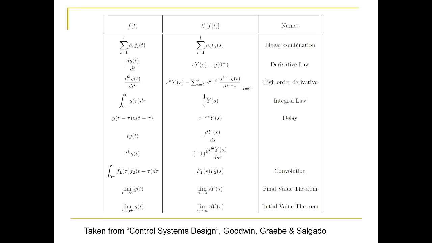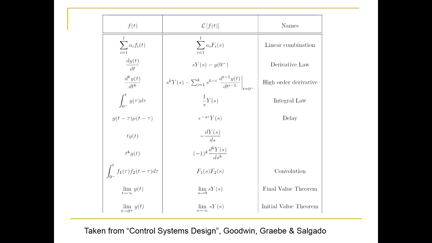The Laplace transform of the convolution is the product of the Laplace transforms of the signals f1 and f2. If you remember, we already presented convolution in one of the previous lectures. We said that the output of an arbitrary linear system can be represented as a convolution of the impulse response and the input.